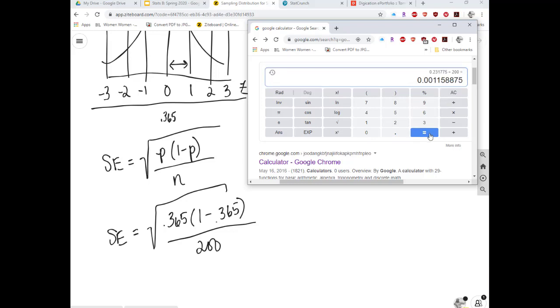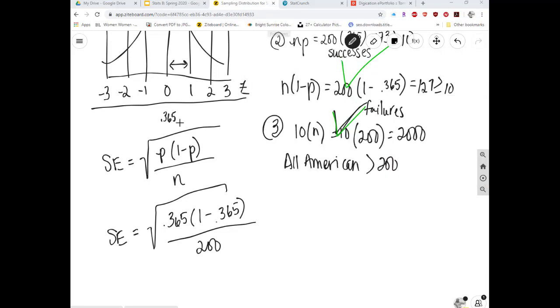I get everything underneath the radical, then take the square root by hitting radical, answer, equals, and I get that my standard error is 0.03404. Great. So this distance right here is approximately 0.03.